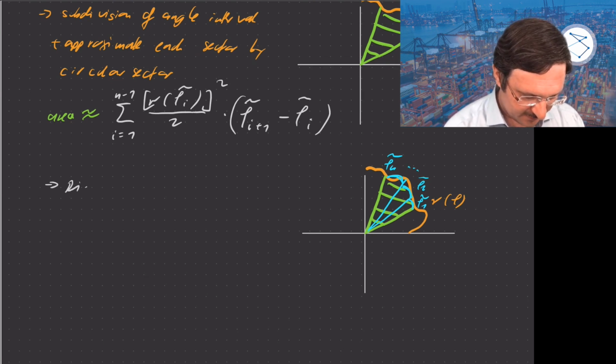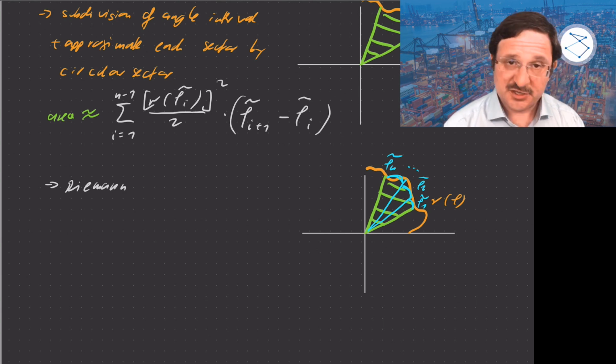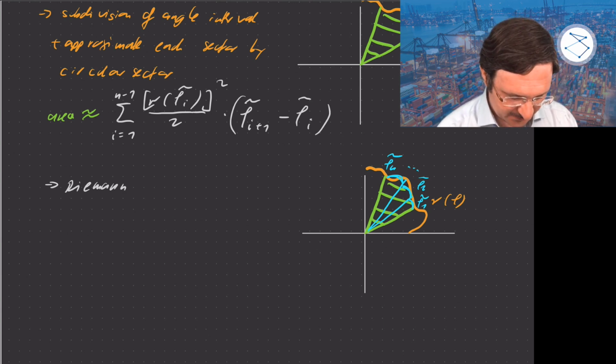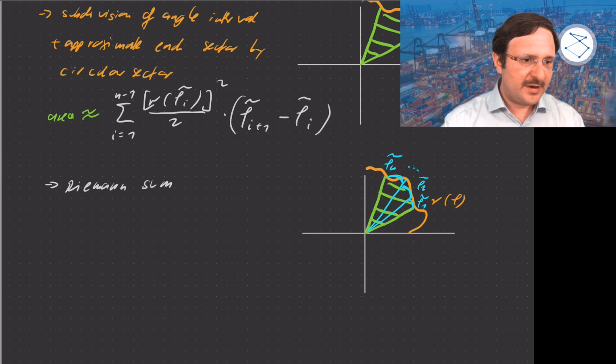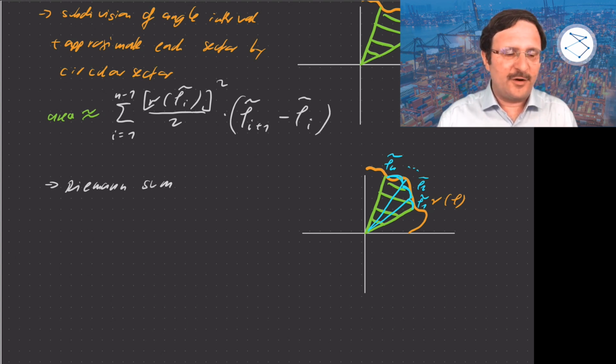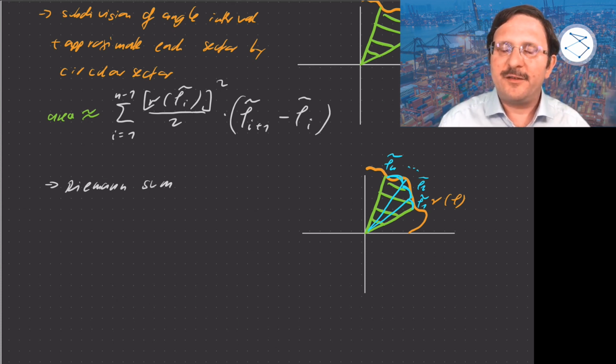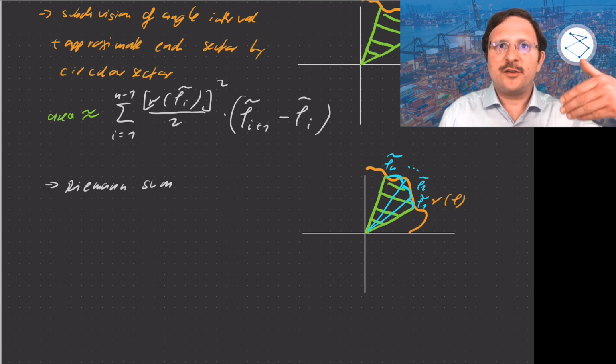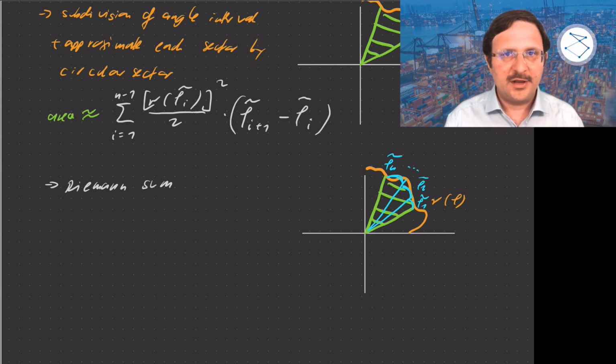So that's the same thing as we have for one-dimensional integration. And that means if we now take the limit for a subdivision that becomes finer and finer, and I'm not going to exactly define what that means, it's all analogous to what we did in one-dimensional integration, then that sum will turn into an integral.